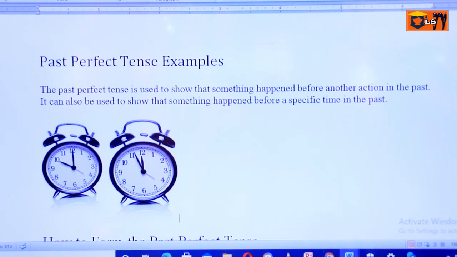As you can see here, there are two clocks. When you look at the clocks, there is a difference between the hours actions took place. Look at the first clock. On the first clock, you can see that it was 10 o'clock. But on the second clock, you can see that it is 12 or 4 to 12.